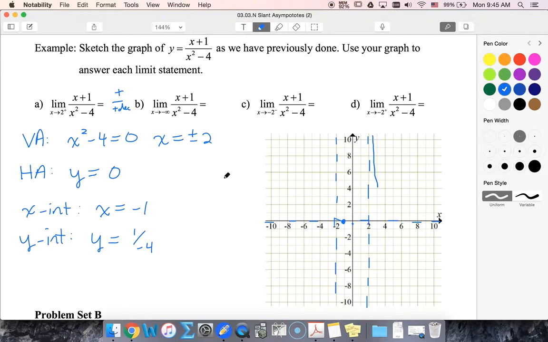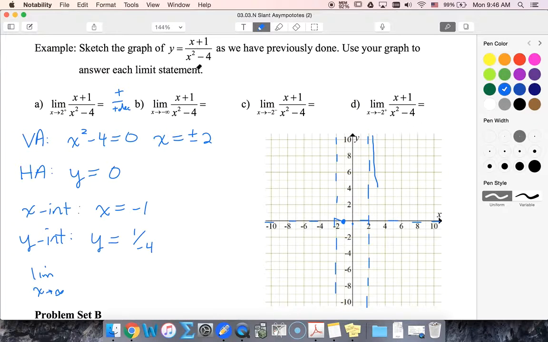Thinking about what happens here, I'm going to think about the limit as x goes to positive infinity. Well, as x goes to positive infinity, I'm going to have infinity over infinity squared. The bottom is going to be much, much bigger than the top. So dividing a number by a much, much bigger number means I'm going to approach 0.